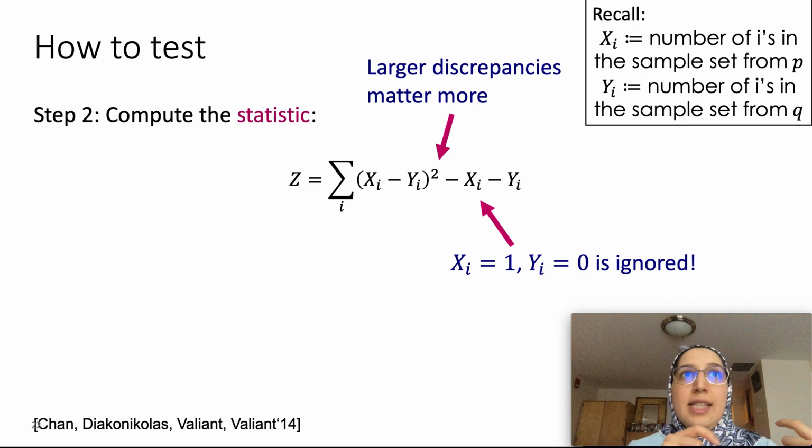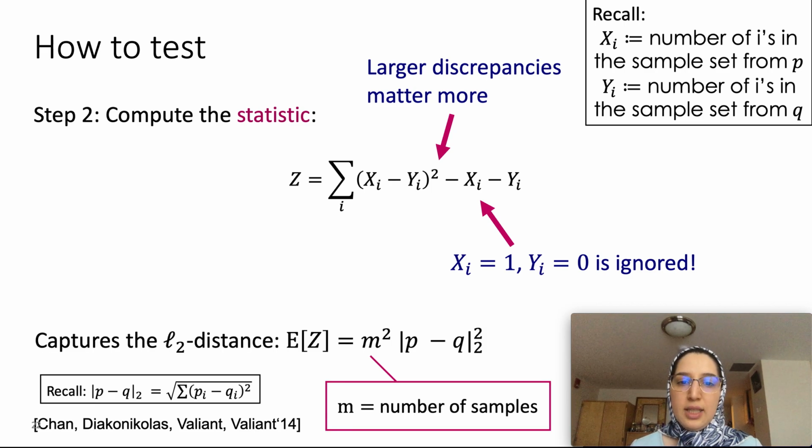So this difference is natural, and we expect to see such differences even if the distributions are equal. So we ignore this tiny difference of 1 according to one distribution and 0 according to the other one.